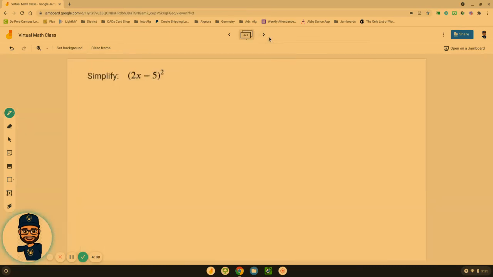All right, let's look at another one. What happens if we need to simplify 2x minus 5, that quantity squared? Take a moment and see what you get. Okay, so again, it's helpful if we look at that as 2x minus 5 times 2x minus 5, because we have 2 of those quantities.